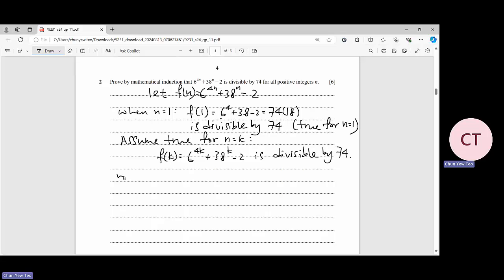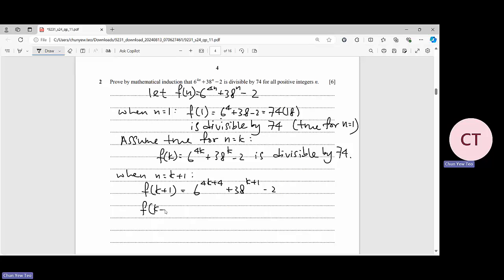Okay, then now we come to the important part. When n is equal to k plus 1, we need to show that it is also divisible by 74. So f(k+1) is 6^(4k+4) plus 38^(k+1) minus 2.